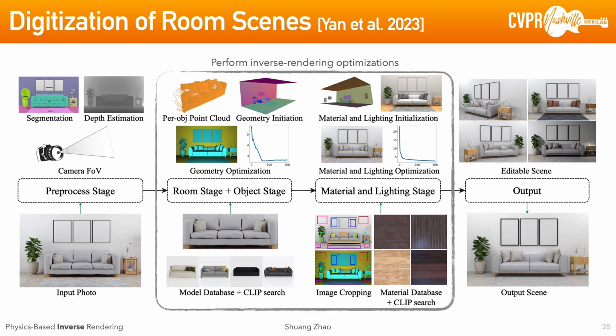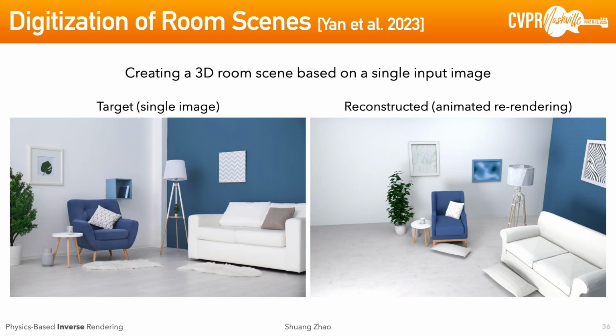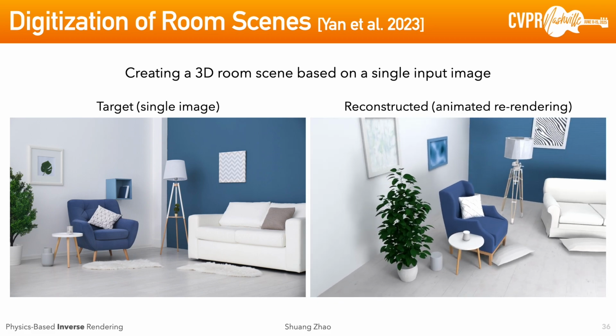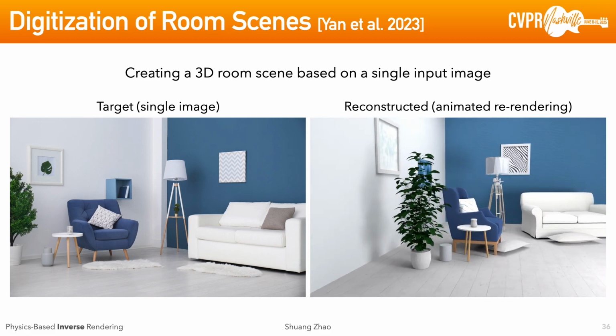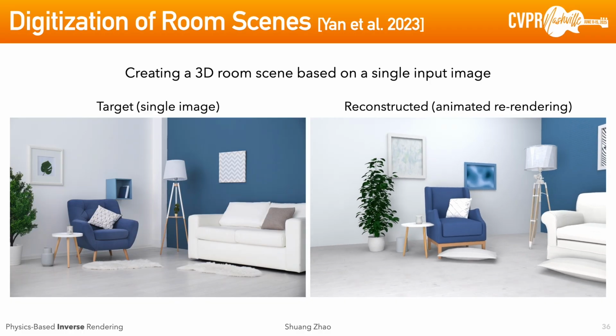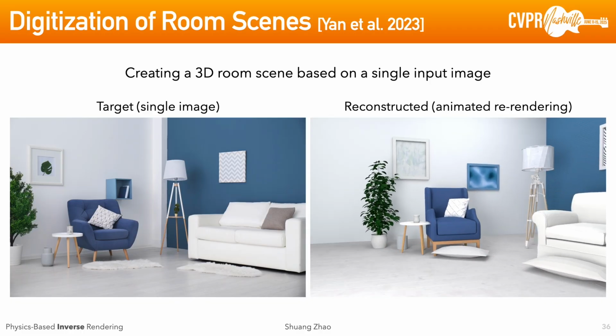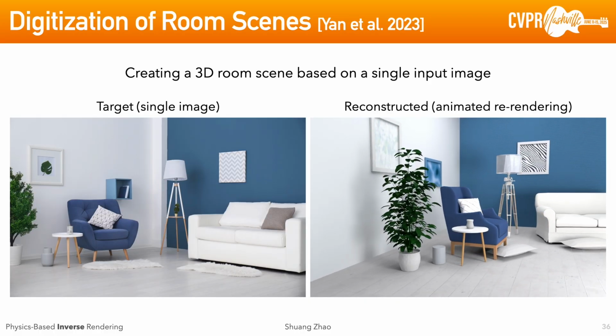In the intermediate stages, we perform inverse rendering to automatically align furniture, optimize camera poses, and also, of course, material and lighting, so that in the end we get an output scene that's quite similar to the input image. Again, it's not a pixel-wise match, but nonetheless, it creates a fairly useful 3D model for the room.